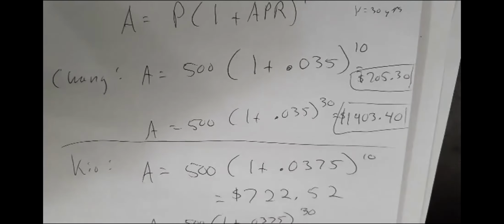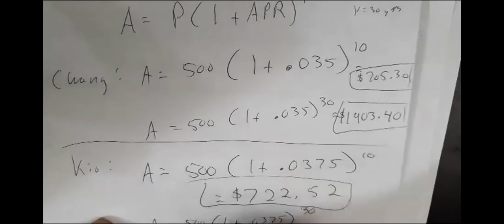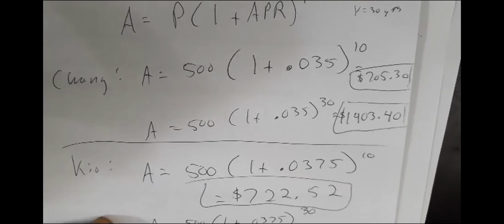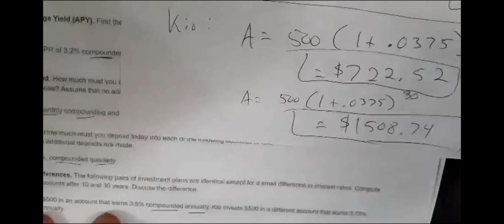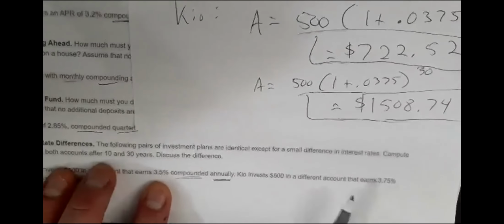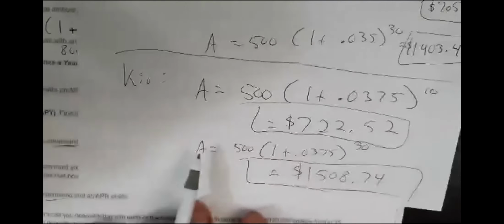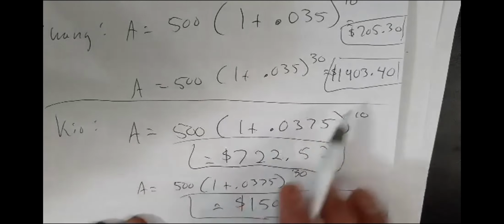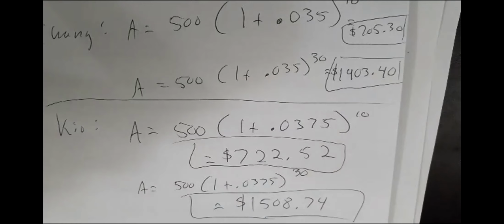How does that compare to Chang? We're not talking about much higher in our APR, right? We're talking about like 0.25%. It's not a lot higher, but even at 0.25%, when we go over 10 years or 30 years, it makes a little bit of a difference.